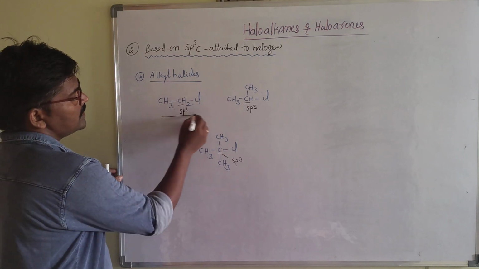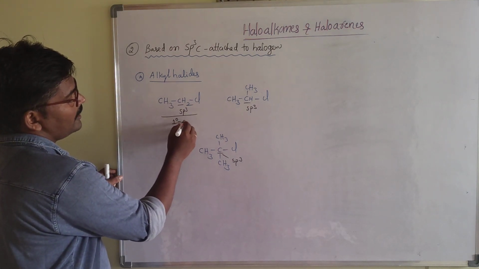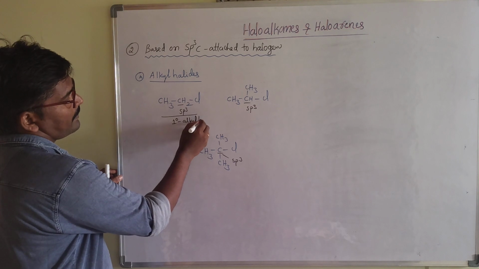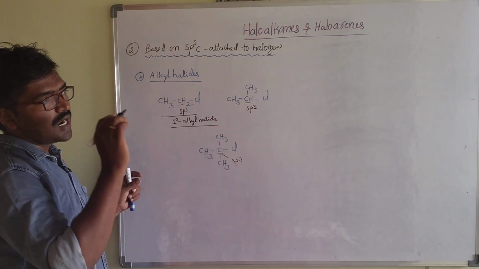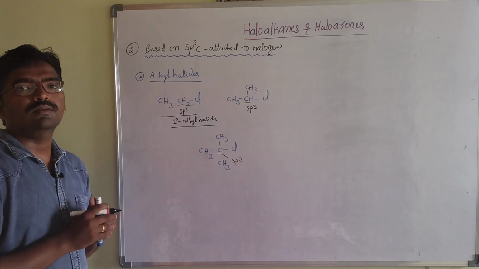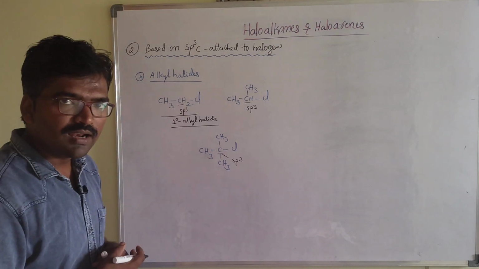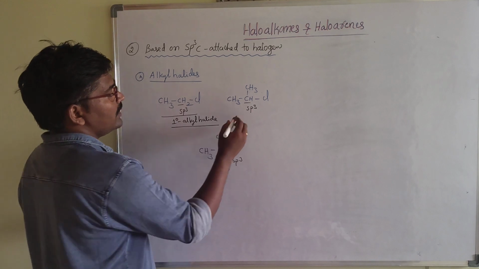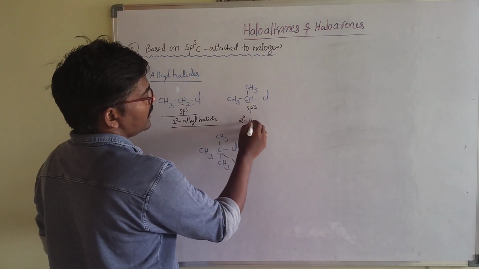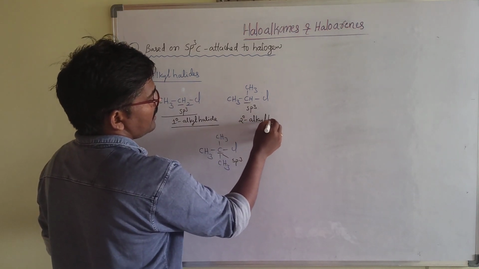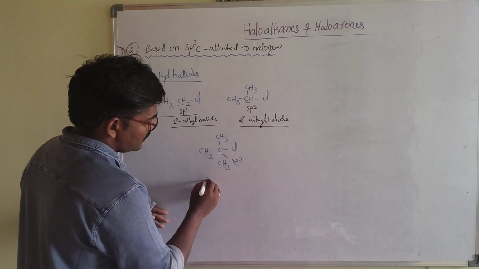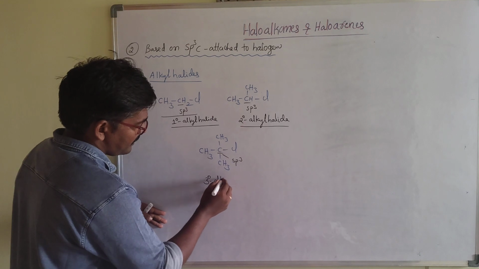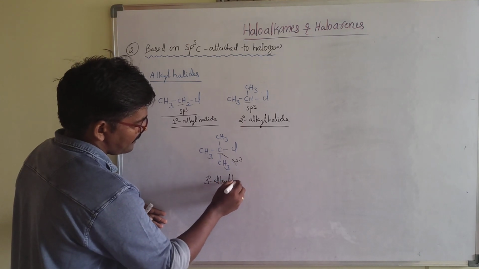So this is primary alkyl halide. Why are we calling it primary alkyl halide? Because the halogen atom is attached to a primary carbon. Next one, secondary alkyl halide. Next one, tertiary alkyl halide.